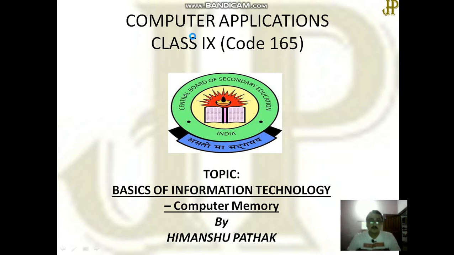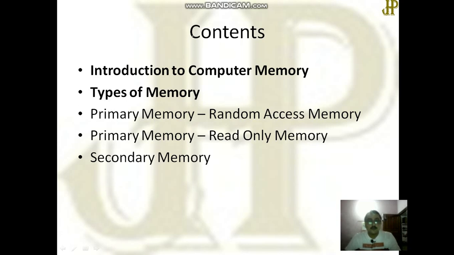So, today we will see the most important component, that is computer memory. The contents are as follows: introduction to computer memory, types of memory, primary memory and secondary memory. So let's start.